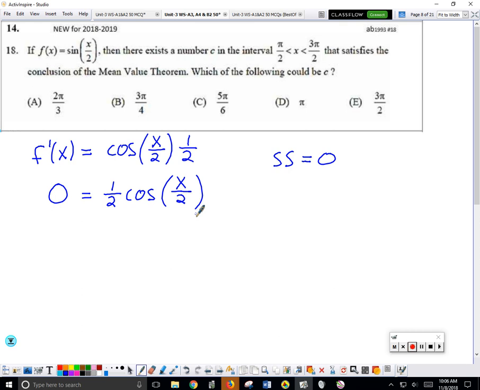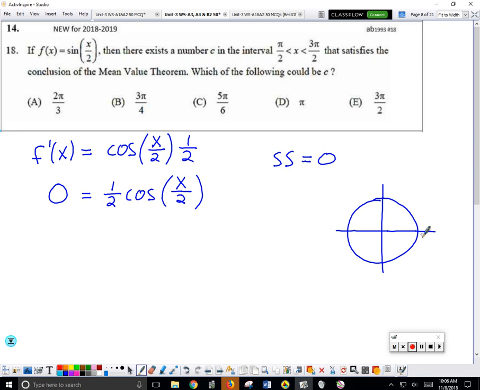So there is some x value. When you divide that x by 2, take the cosine of that, you end up with 0. So you got to think back to the unit circle. Cosine is the distance back and forth. So right here is the cosine equal to 0? No, that distance is not 0.